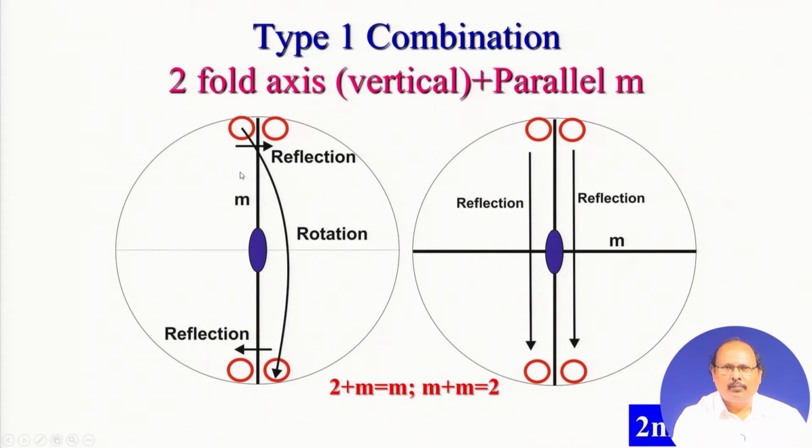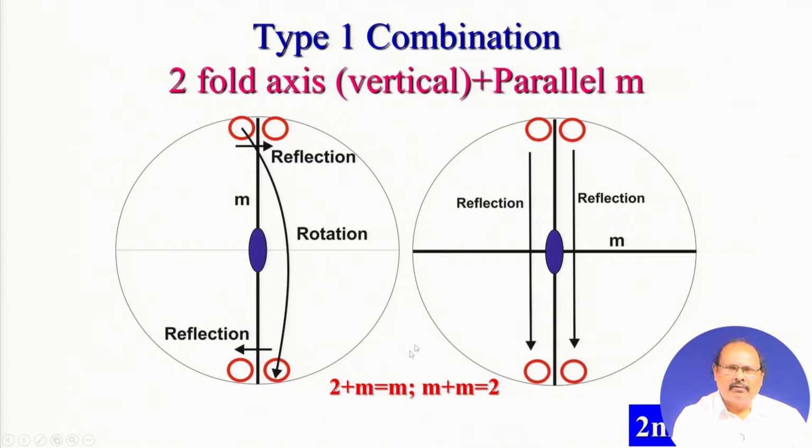So, these two and these two can also be related to each other by reflection due to the presence of a mirror plane of this orientation. That is why in this diagram I have drawn this second mirror of east to west orientation, shown by this bold symbol.